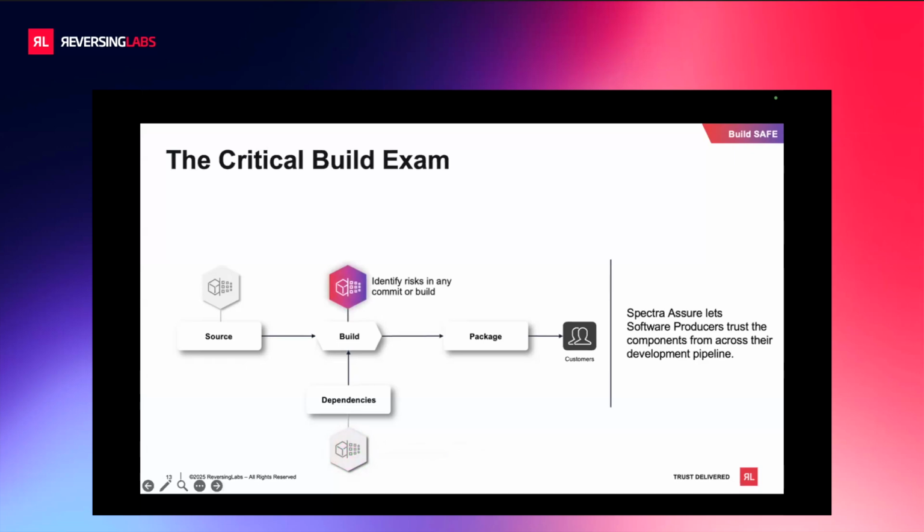And then you get into the actual builds, right? You're going to build for functional testing, to see if everything's working as you thought. So literally at the same time, Spectra Assure can analyze those binaries to tell you if there's some risk in there. And then there's a final step, which is packaging the whole software together for release, whether it's a big container that's going to get deployed in your production environment, or a package that's going to get released to a customer.